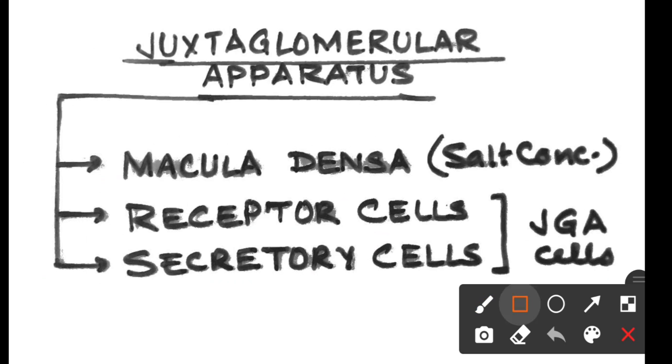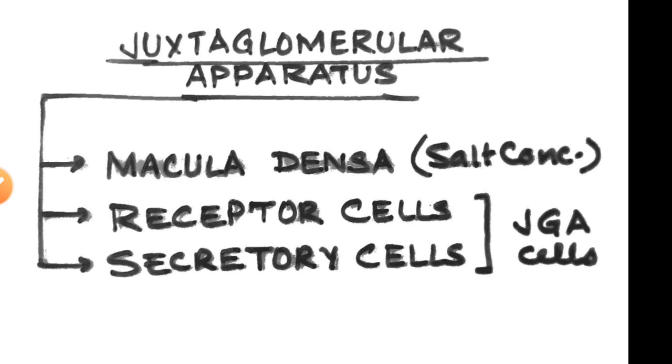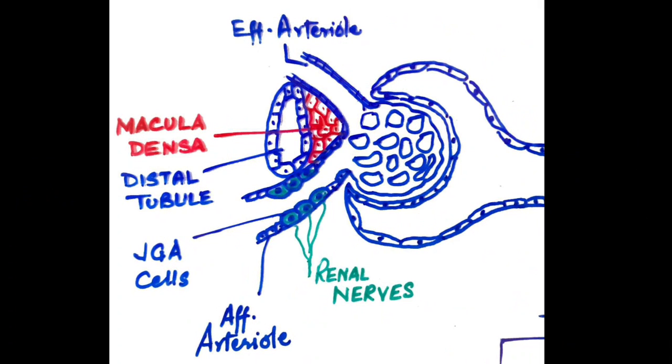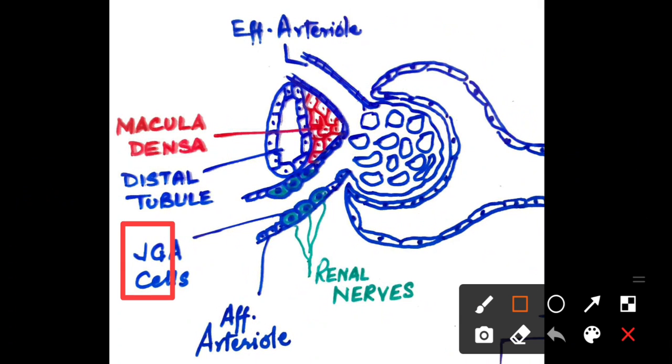Both types are the JGA cells, and they are present in the efferent arteriole. As you can see in this diagram, we have the JGA cells over here, containing these two types of cells, the receptor cells and the secretory cells.